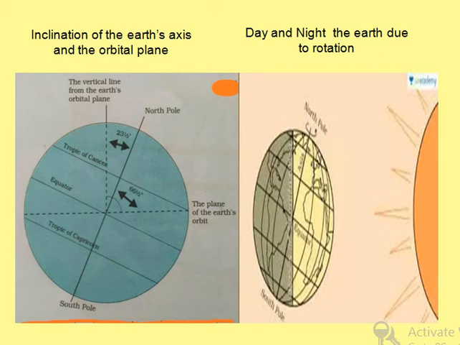Look at the picture carefully. We have already learned that the earth axis is an imaginary line joining the North Pole and the South Pole.